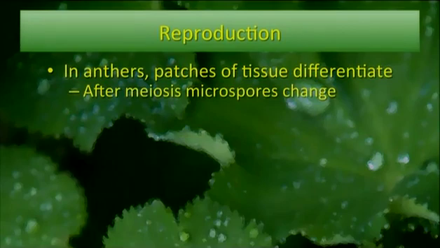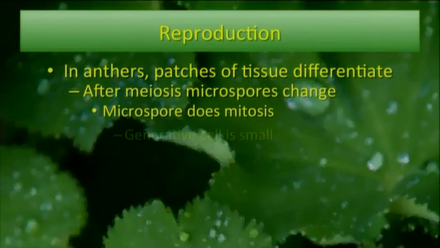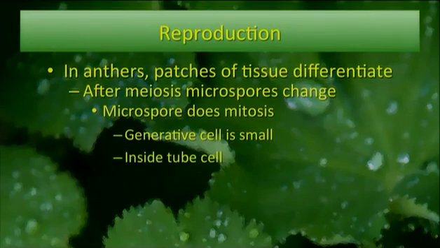And then after meiosis, the microspores change. The microspore does mitosis and produces these cells. The generative cell is small, and the generative cell is inside the tube cell, the second cell.